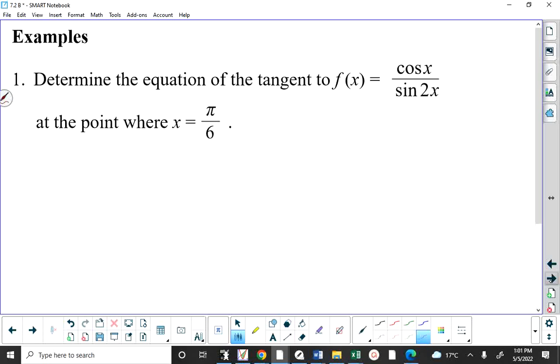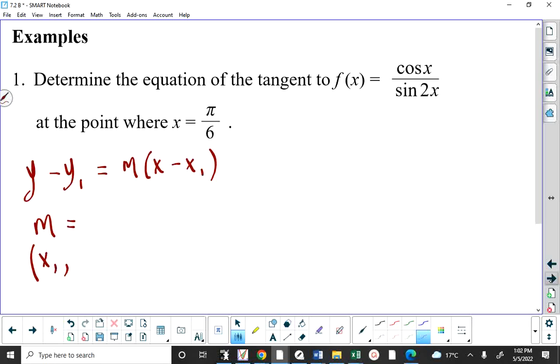Don't forget, the equation of a tangent line can be found using your point-slope formula, where your primary focus becomes what is the slope and what are the coordinates of a point on the graph.